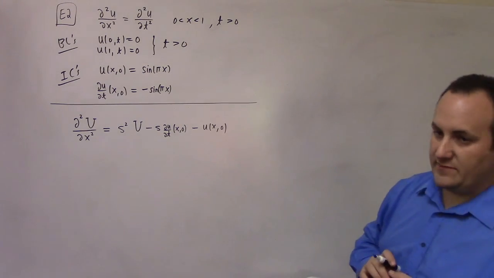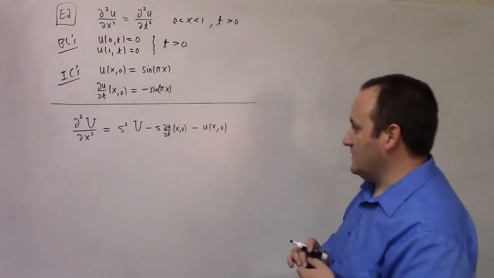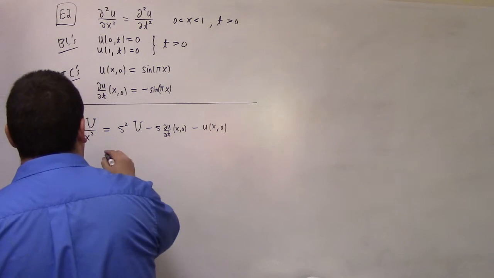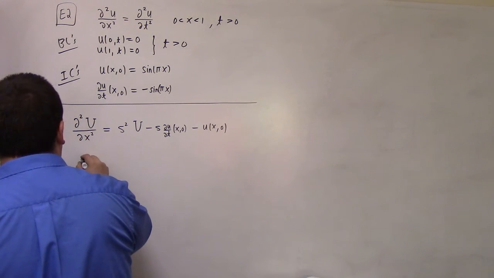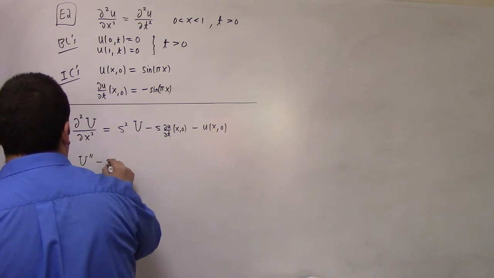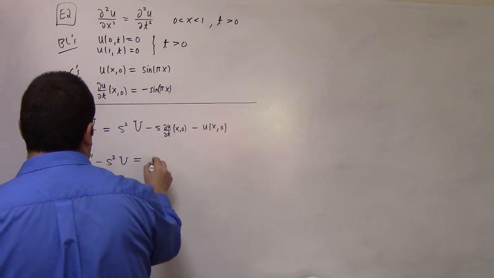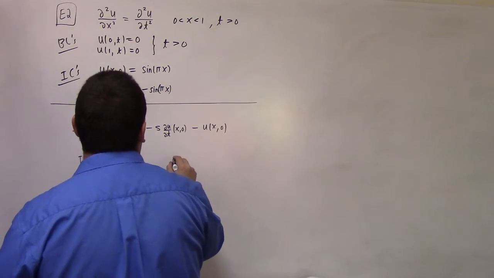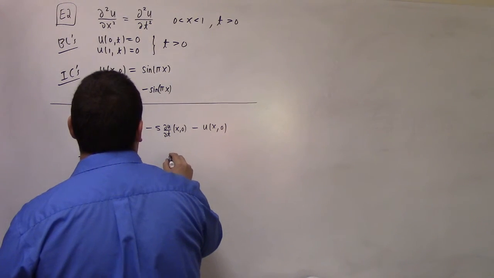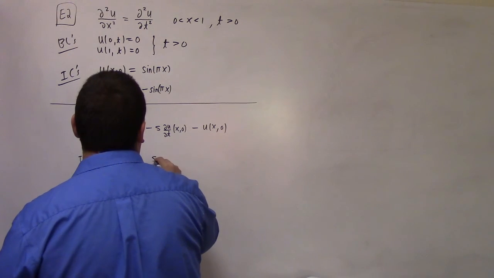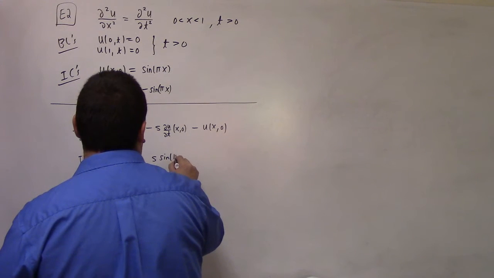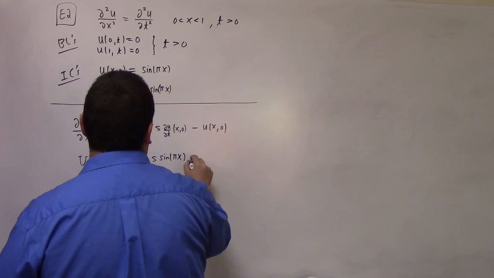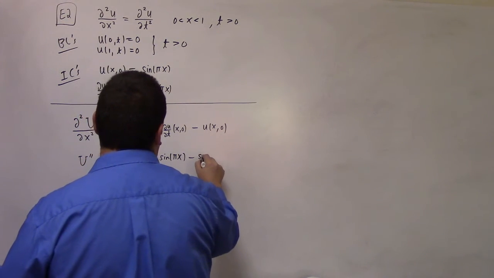That gives us U prime prime minus s squared U equal to, well, that was nice of them, he made it s sine of pi x minus the sine of pi x, right?